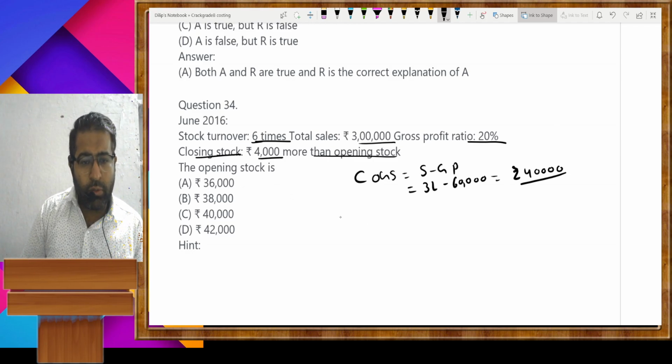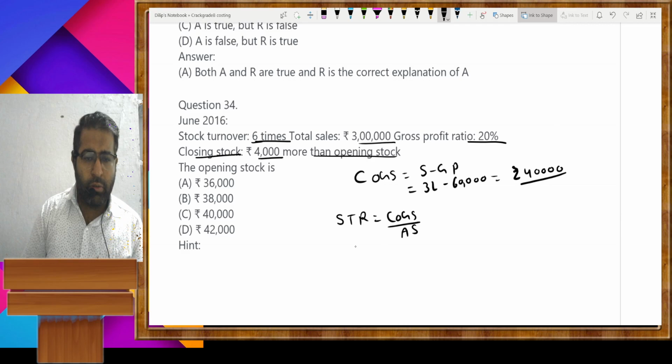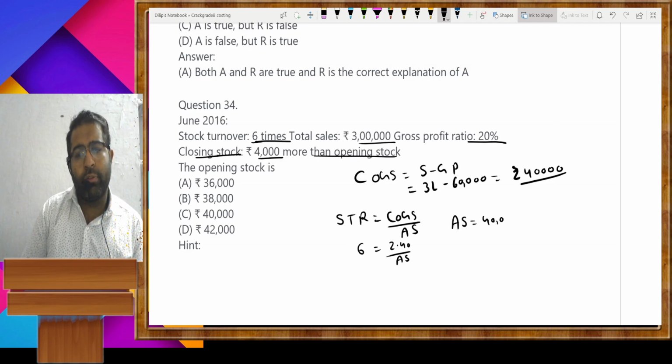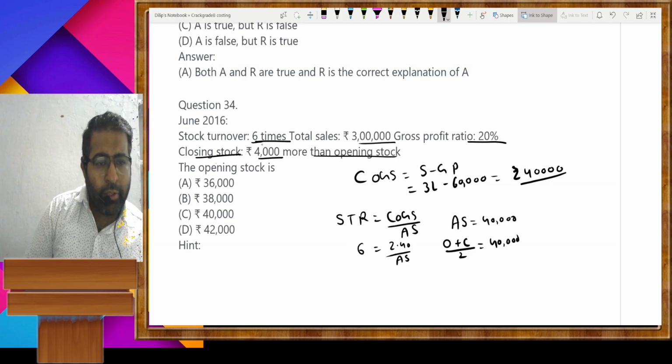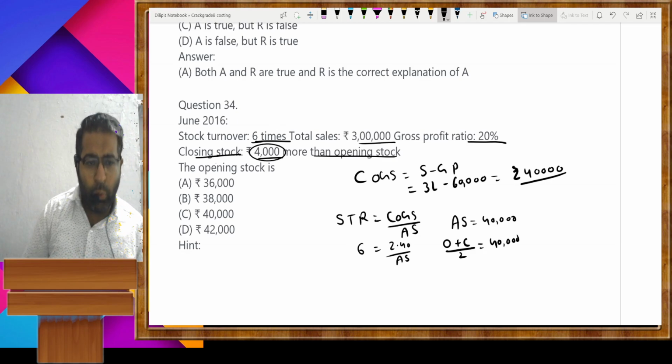Stock turnover ratio 6 times. So STR equals COGS divided by average stock. It is 6 equals 2,40,000 divided by average stock. So average stock is 40,000. We know that average stock is opening plus closing divided by 2, equals 40,000. Here it is given closing stock is 4,000 more than the opening.